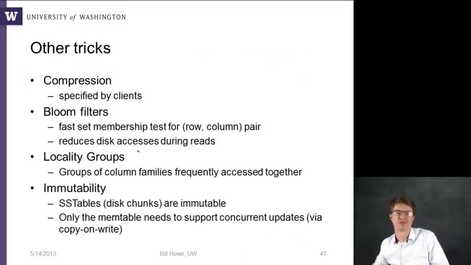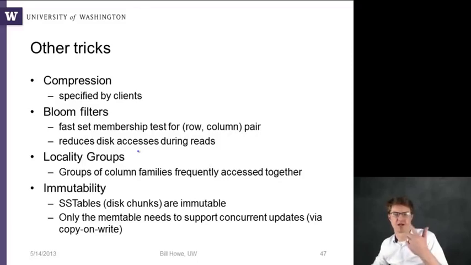All right, so there's a host of other tricks here too, where they can do various forms of compression which can be specified by the clients. There's some different ways of doing it. They use Bloom filters to speed up existence tests.